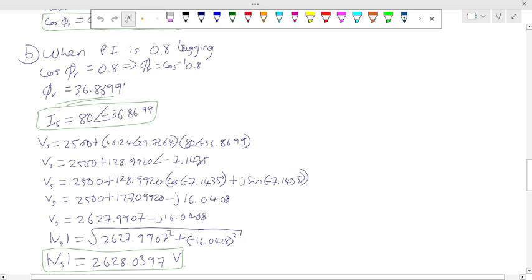Now we've already calculated our current to be 80, that's the magnitude. Then since it's lagging, the phase angle for current will be negative. So we have that negative there. At this point we just have to substitute the value of current into the formula for voltage.